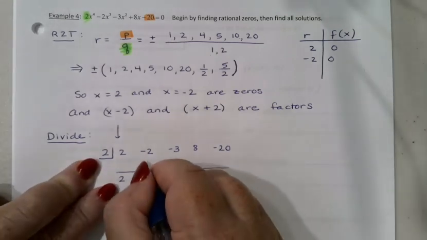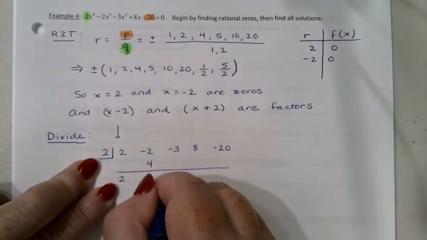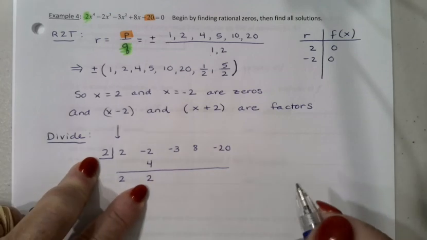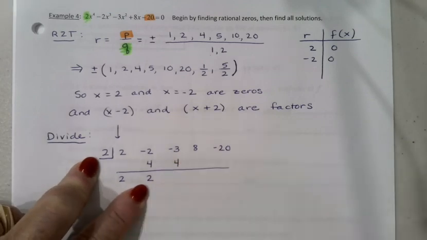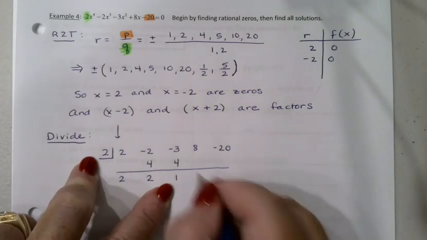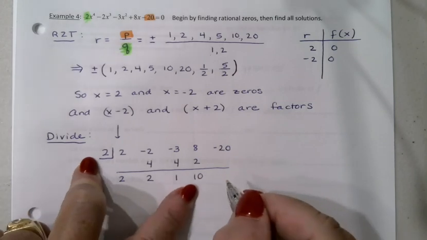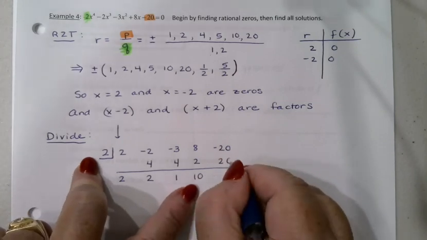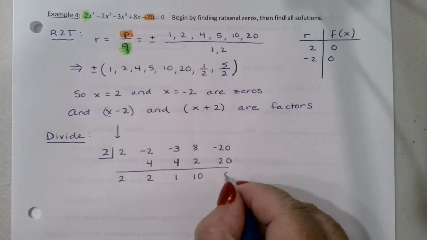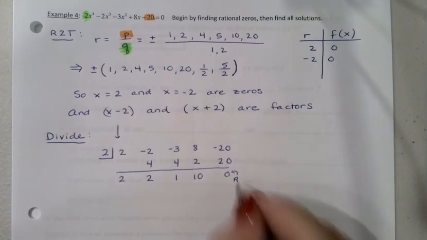And then I multiply to get 4. That adds up to 2. Multiply to get 4, adds up to 1. Multiply to get 2, adds up to 10. And then multiply to get 20, adds up to 0, which again is the remainder, so it almost has to be.